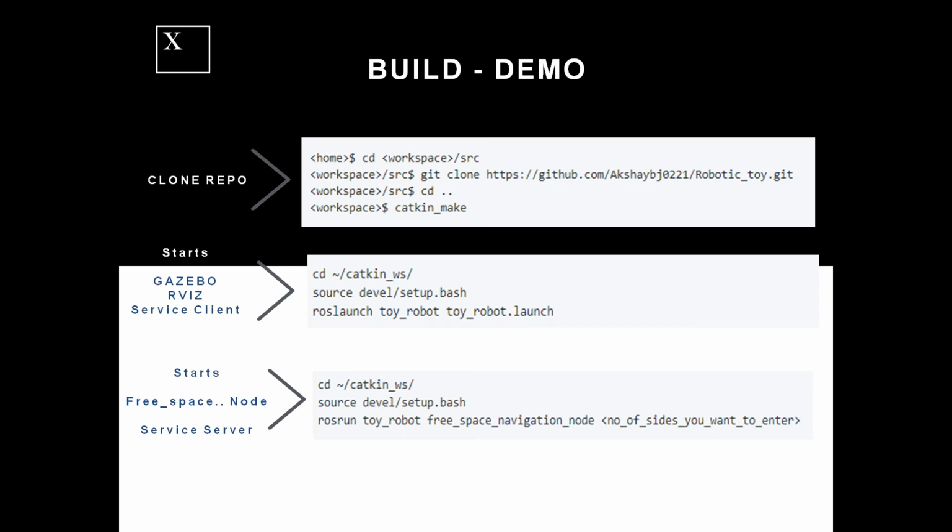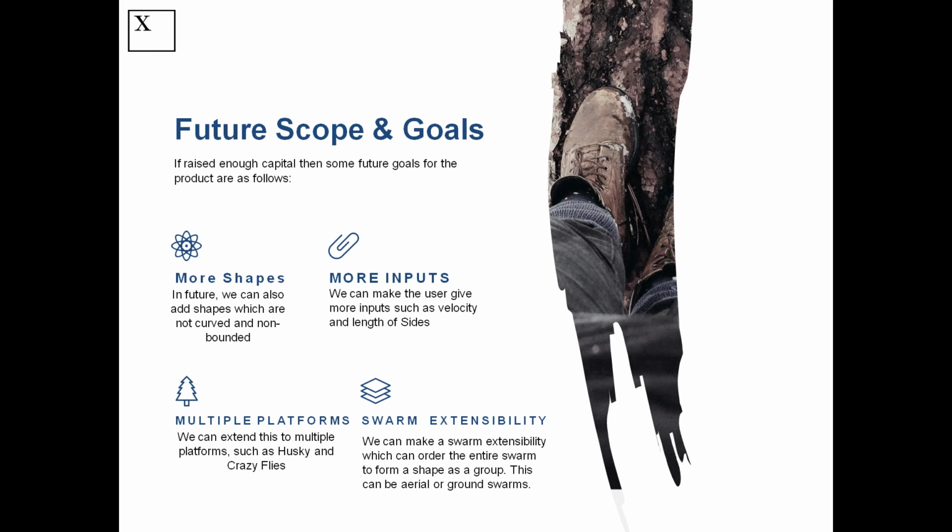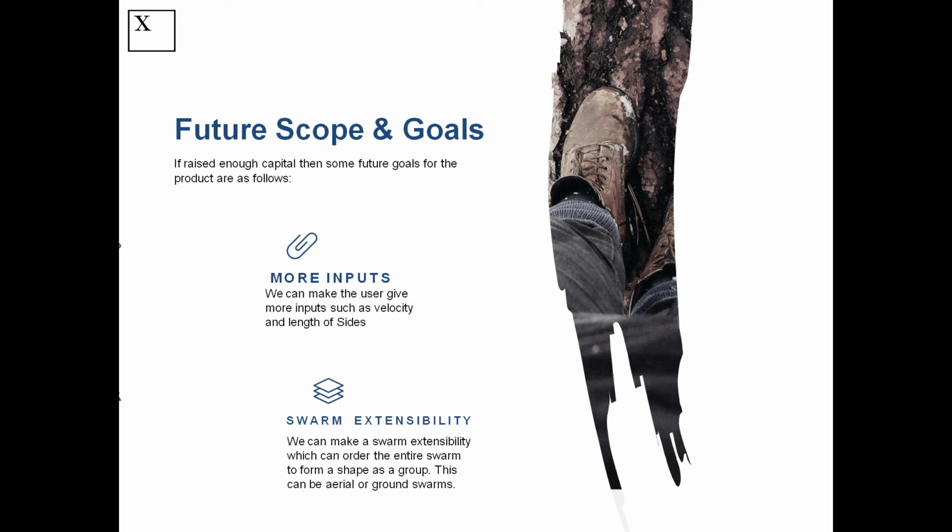Basically, if you want the robot to move in a pentagon, just give 5, or give 3 for a triangle, and so on and so forth. Actually this was going to be a video, but I'm going to add a live video of using my robot at the end, so you can see how I'm actually building everything.